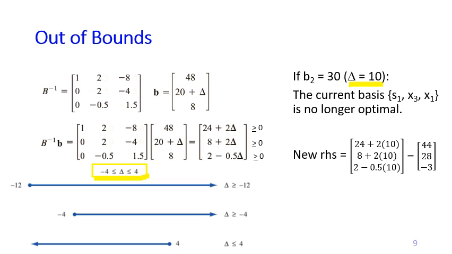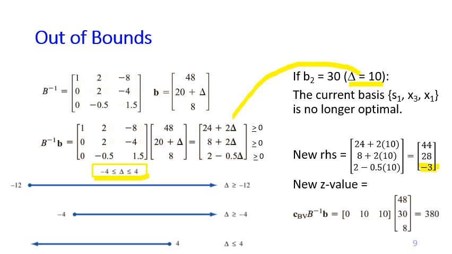So let's recompute the right-hand side, and we see that now we have a right-hand side whose value is negative. Again, we can do this by plugging in delta equals 10 to here. And then we also compute the new z value, cBV B inverse times small b, and this value changes from originally 20 to become 30. This is our new z value.